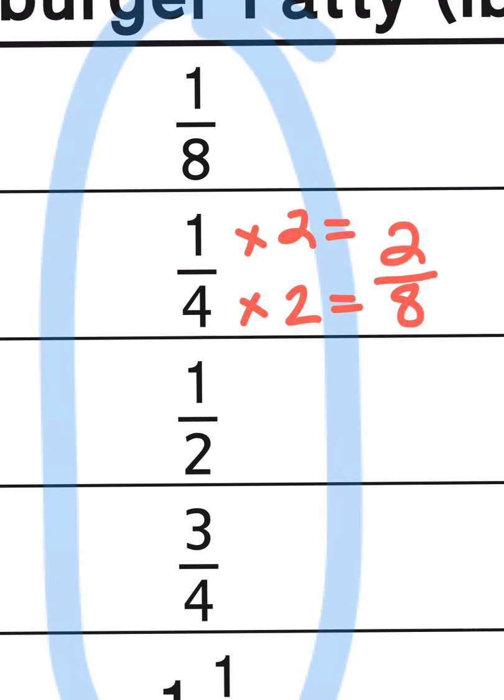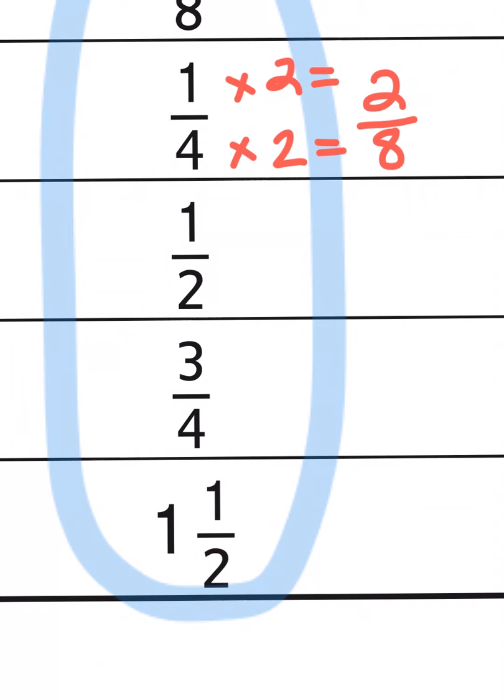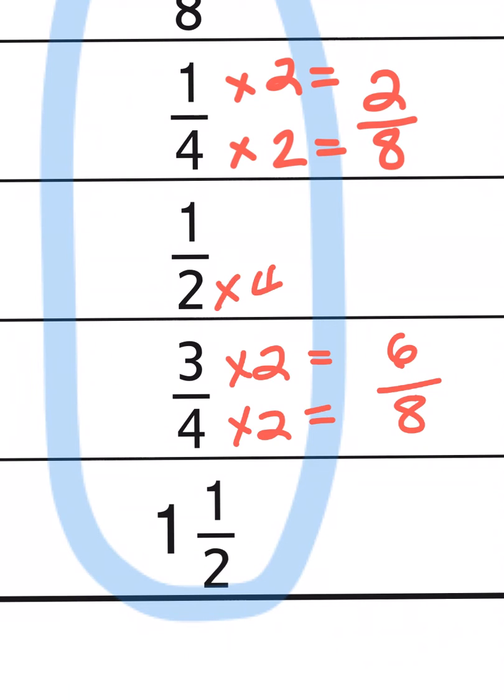So in order for me to convert 3/4 into an equivalent fraction of eighths, I do the same thing. I have to multiply 4 times 2 and 3 times 2, which is going to give me 6/8. Now when I'm dealing with halves, I'm going to multiply the 2 by 4, because 2 times 4 is 8. So I multiply the top number by 4 as well.